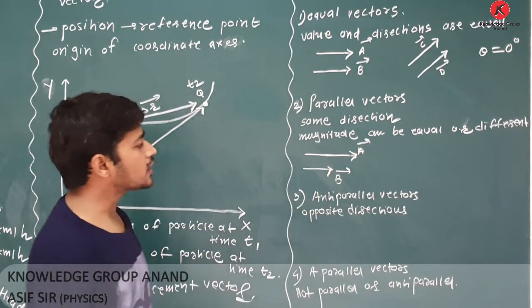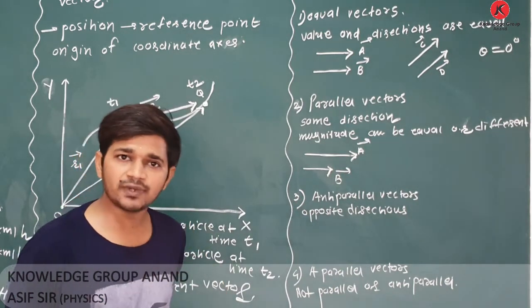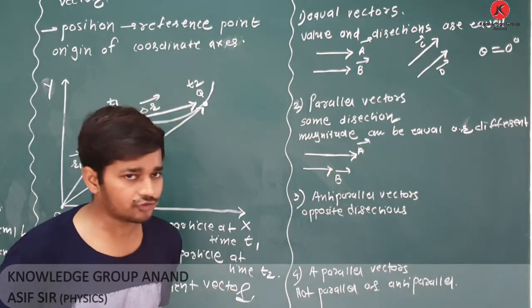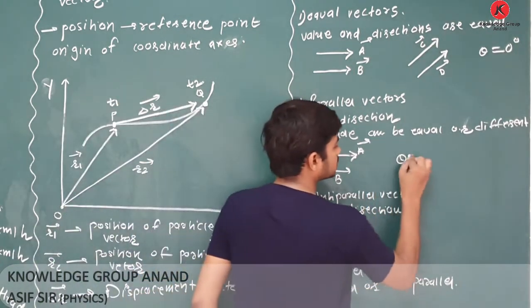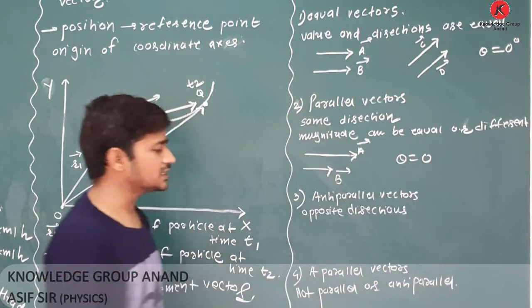So such vectors are called parallel vectors. Clear about this? Again in parallel vectors, the angle between the two vectors is 0.